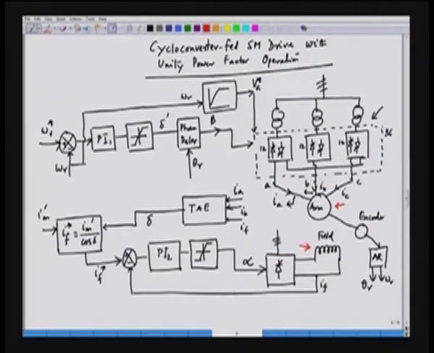The cycloconverter has two antiparallel bridges of converters in each phase. Phase A has a positive SCR bridge and also a negative SCR bridge. Similarly, phase B has a positive SCR bridge and negative SCR bridge, and phase C also has a positive SCR bridge and a negative SCR bridge.